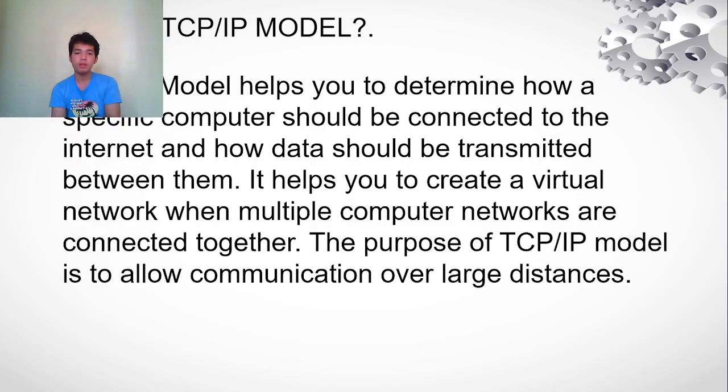It helps you to create a virtual network when multiple computer networks are connected together. It is important because internet and data are used by many peripherals and hardware, like computers, cell phones, and Android phones. It is used by certain gadgets that we use in everyday life. The purpose of the TCP/IP model is to allow communication over large distances.